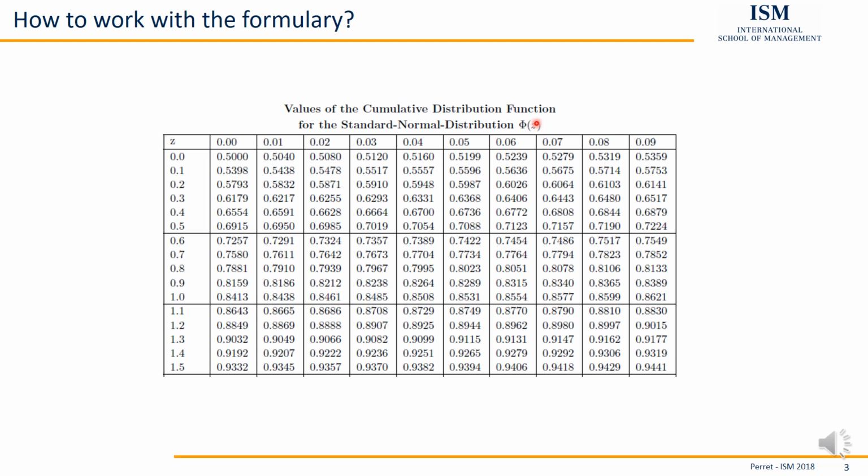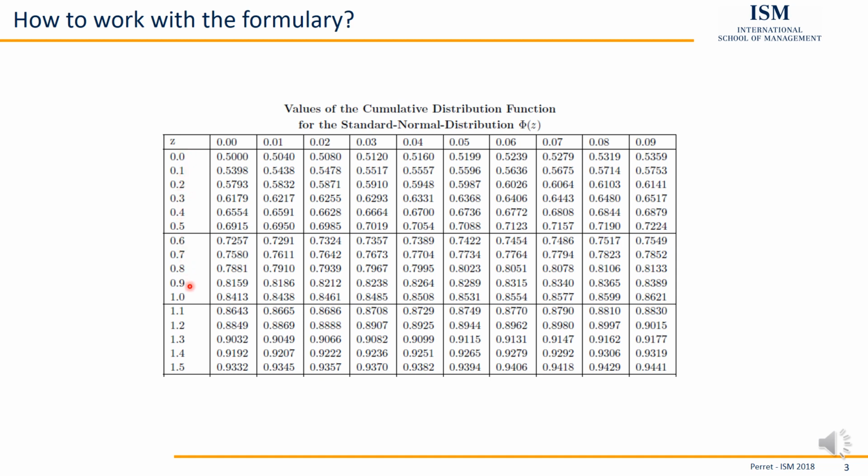Here we calculate the standardized values, positive standardized values, then we look them up in this table. This table requires that we have a value we look up, which is rounded to the second decimal. Then we start with the row, which gives us the value before the decimal point and the first decimal.